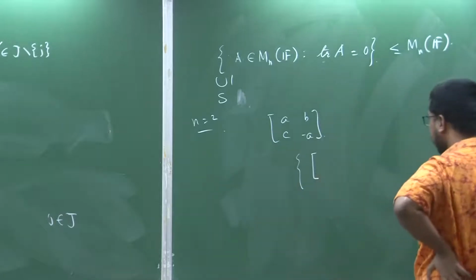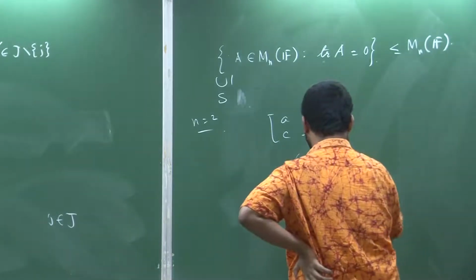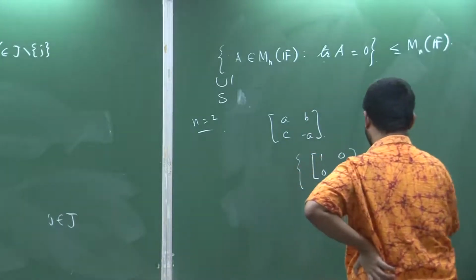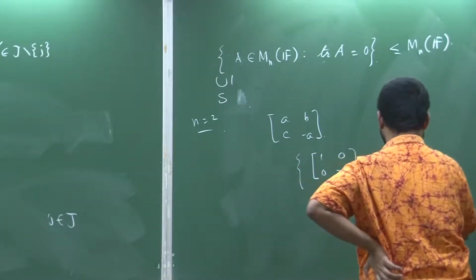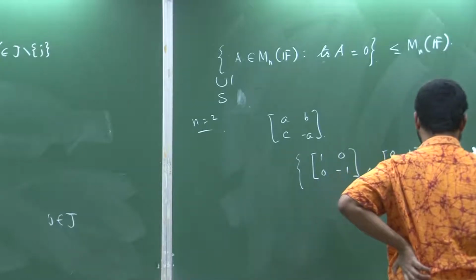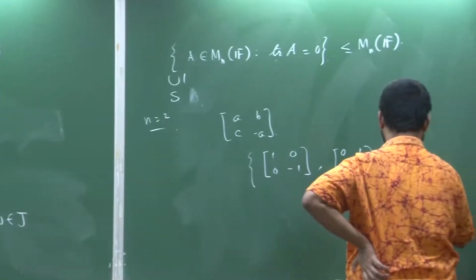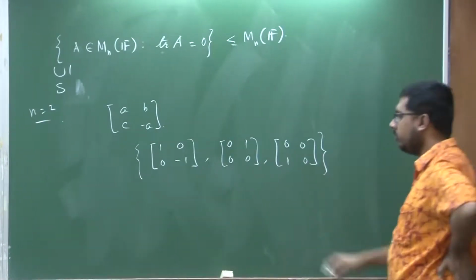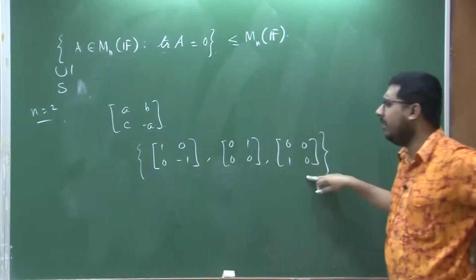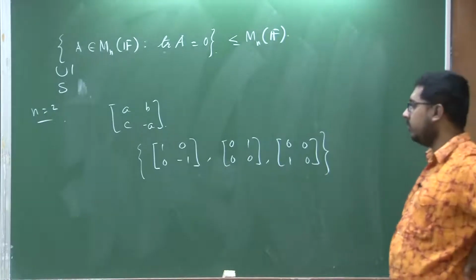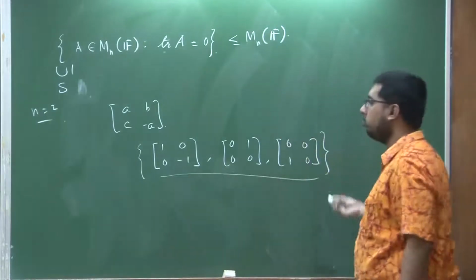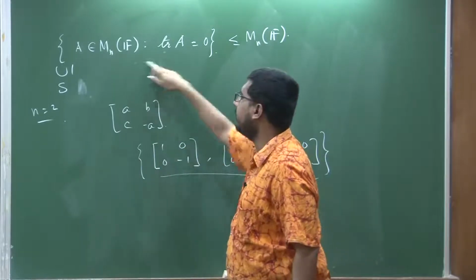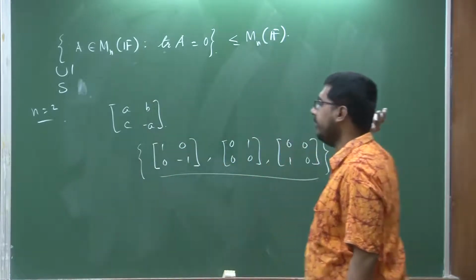Is it not the following: [1, 0; 0, minus 1], [0, 1; 0, 0] and [0, 0; 1, 0], right. Any typical matrix can be written as a linear combination of them. So, for n equal to 2, this is the set that spans the space of all trace 0 matrices.